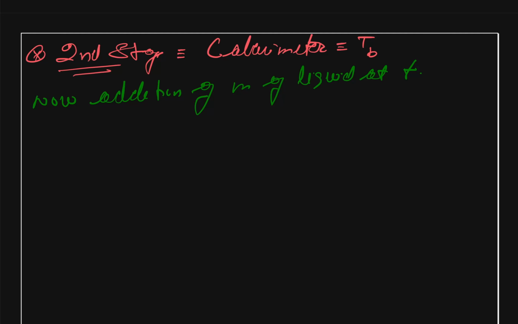Therefore, the final equilibrium temperature is TF. Obviously, this TF will be much below our TB, so that the liquid does not evaporate. This is not mentioned, but we can just draw the conclusion.